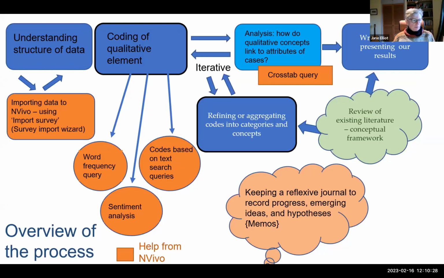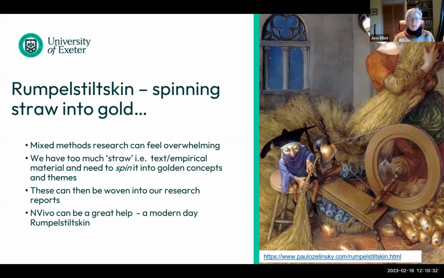Now, to give you a more metaphorical way of thinking about mixed methods data, I rather like the slightly nasty fairy tale about Rumpelstiltskin. And the key metaphor here is the idea of spinning straw into gold. Some of you might know the grim fairy tale Rumpelstiltskin, where he's got this special skill and he's able to help a miller's daughter spin ever-increasing roomfuls of straw into gold.